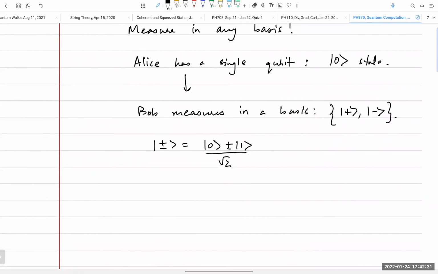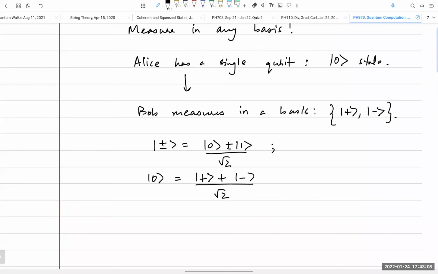So what will Bob find? Well, the state we are measuring is this one. So how will I write the 0 state in terms of Bob's basis? I will write the 0 state as the plus state plus the minus state, and there will be a factor of √2, I think.